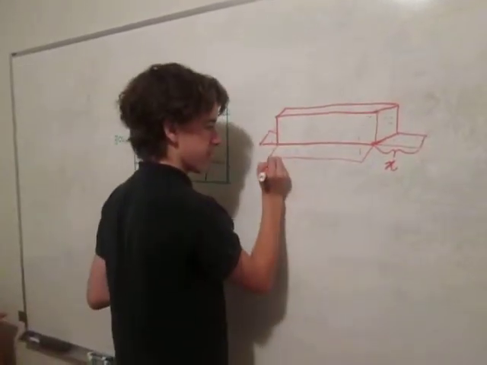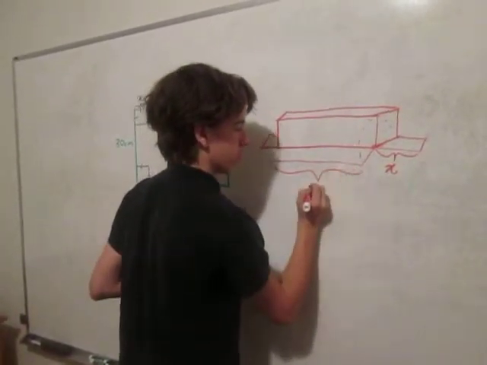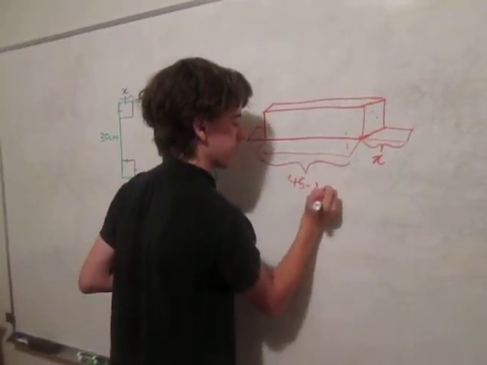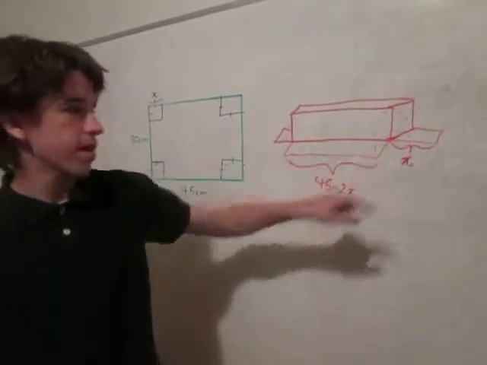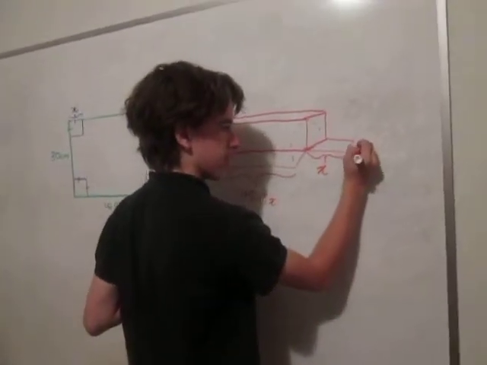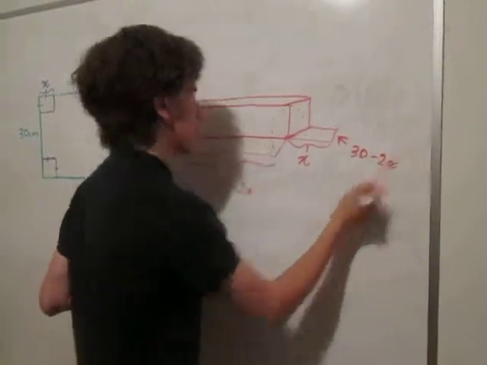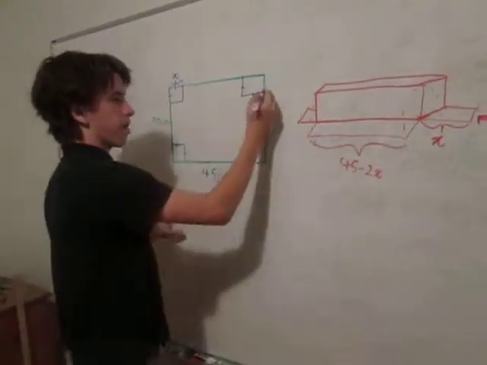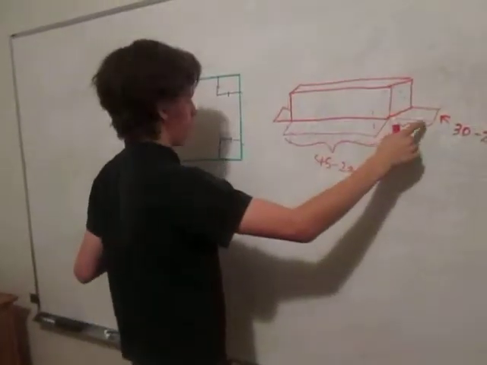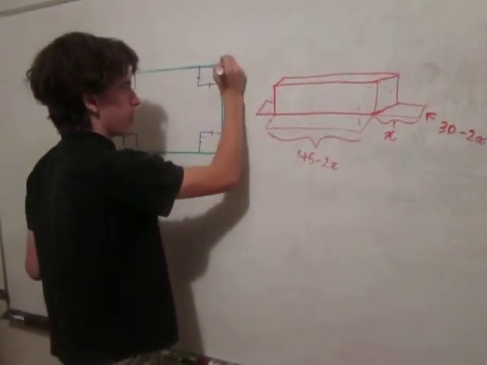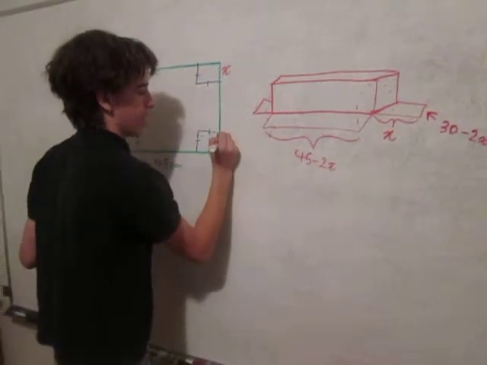So this is 45 minus 2x. Similarly, this side is 30 minus 2x. Because look at this. We're finding basically this side here is these sides that we're looking at. And we have x up here and x down here.